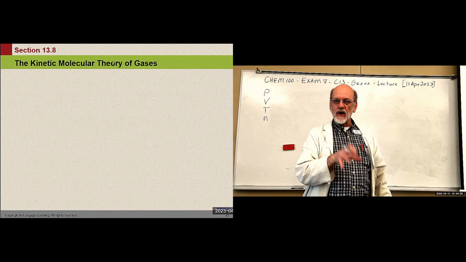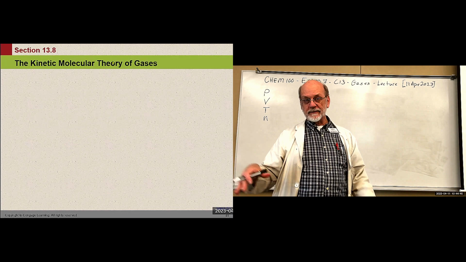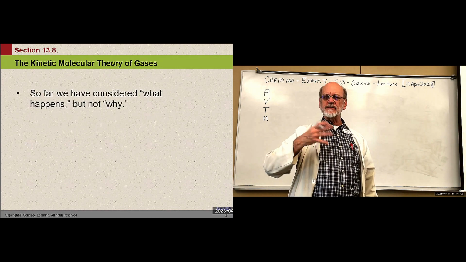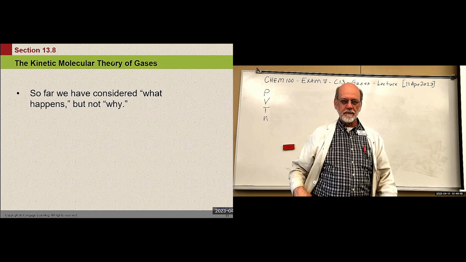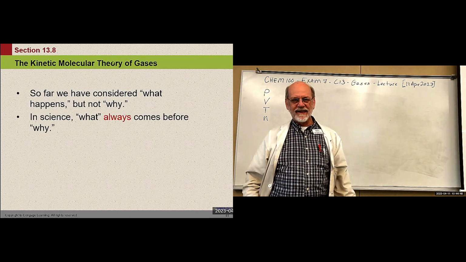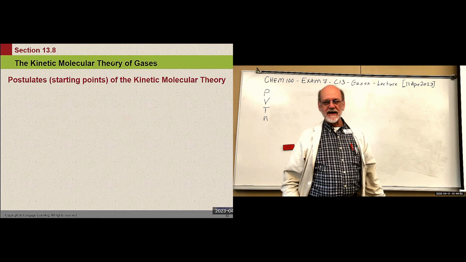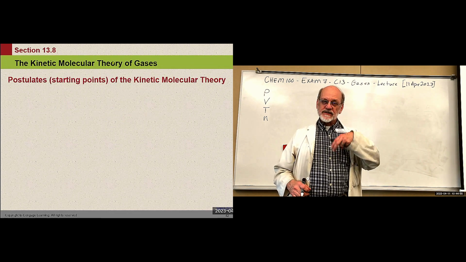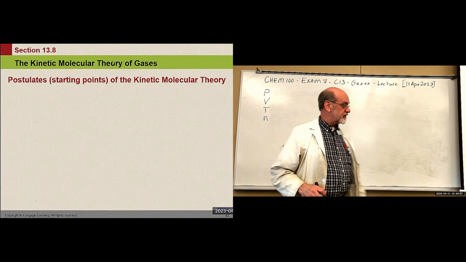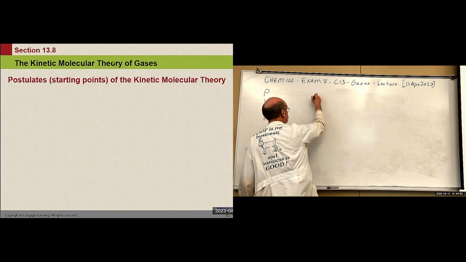And a model is always attached to a theory. It's a way of helping us visualize what's happening at the microscopic level. Okay. Now, that introduction leads us into the kinetic molecular theory of gases.